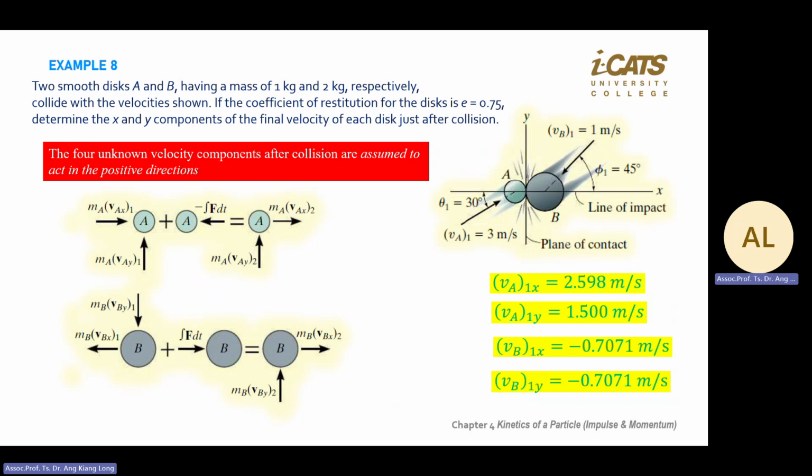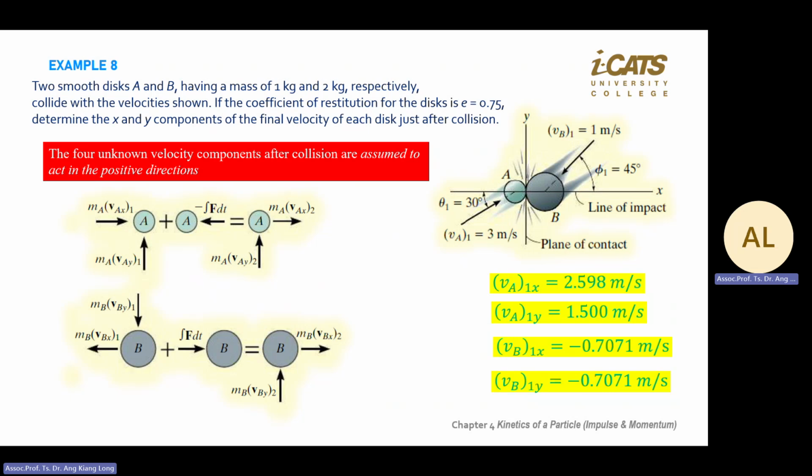Of course you can draw. This one, you can draw to the left and go down or go up. There's no fixed rule that you must draw like this. But this is our assumption. So when you calculate later and you get negative, you just flip the arrow.